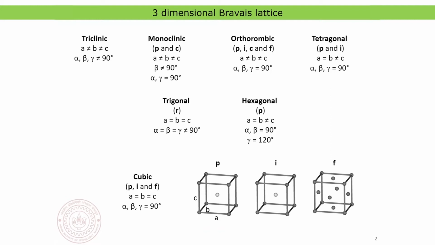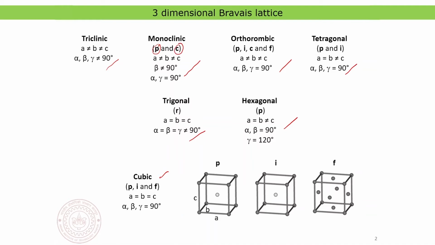So, you might have already heard this in solid state chemistry or solid state physics. Typically there are 14 Bravais lattices in which triclinic, monoclinic, orthorhombic, tetragonal, trigonal, hexagonal and cubic are the different types of crystal packings, in which you can see that monoclinic itself has primitive and centered.